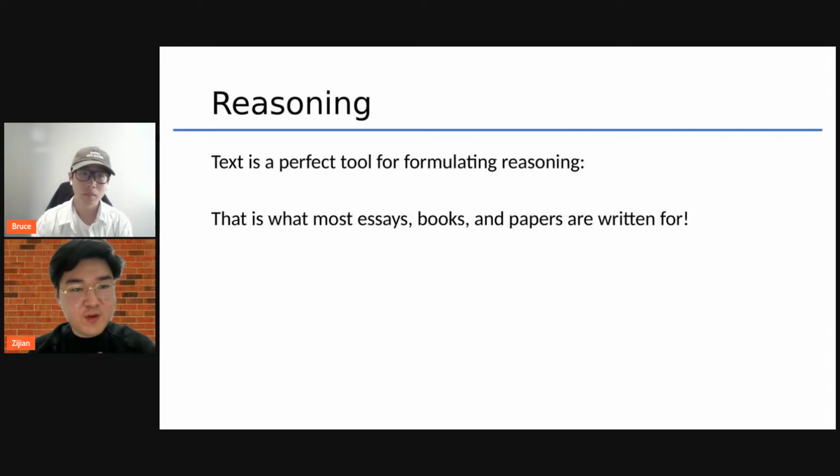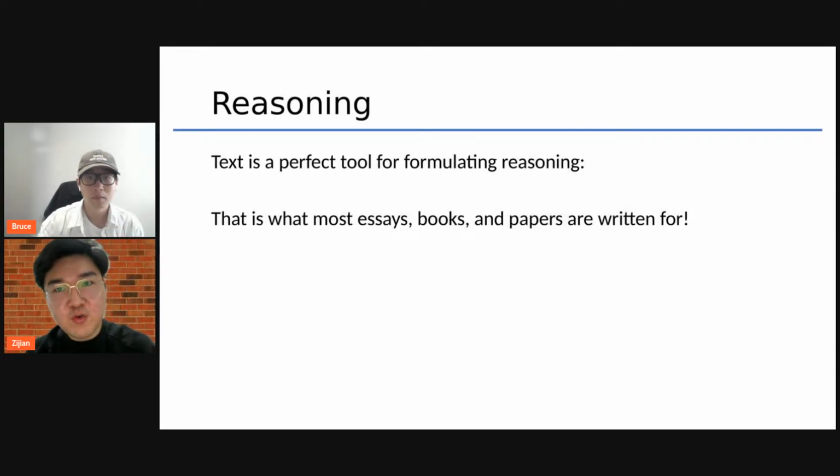And I'm not sure if you have experienced this yourself. When you are thinking in mind, it's not as clear as if you write it down on pen and paper. So this also illustrates that sometimes text is probably even better for representing reasoning than your own mental process.